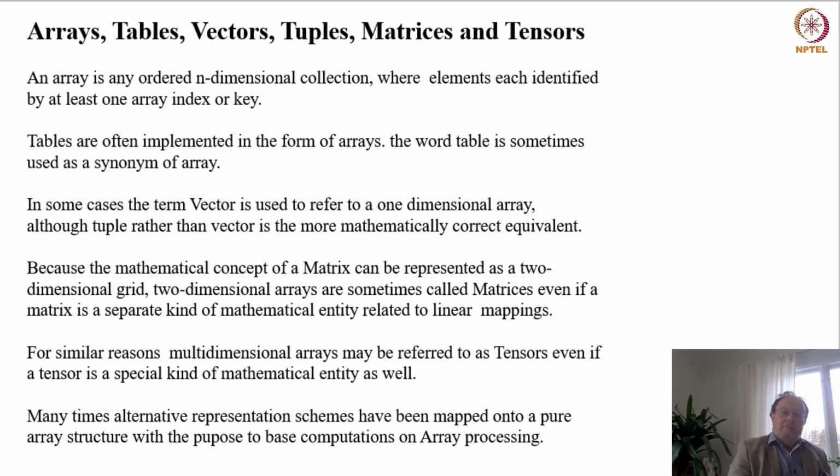And I would say that even for many of the representations we will talk about in the coming lectures, many times in the end, when real computation should take place, these representations are mapped onto some array structure with the purpose of doing basic computation in the form of array processing.